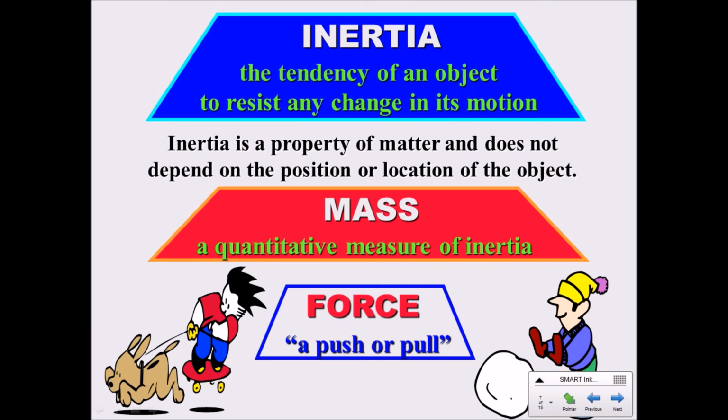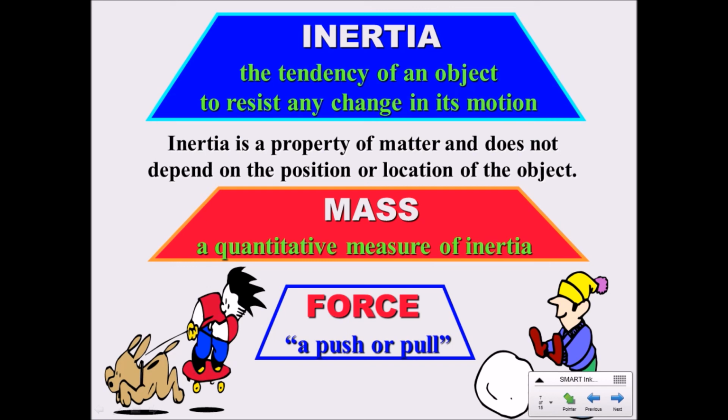Again, how much mass the object has, that is going to determine how easy it will be for that force to make it change. If something has a lot of mass, a certain force will give it a small acceleration. But if it has a very small mass, that same force acting on that small mass will give it a much larger acceleration.